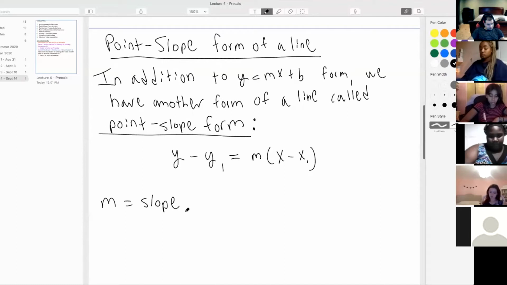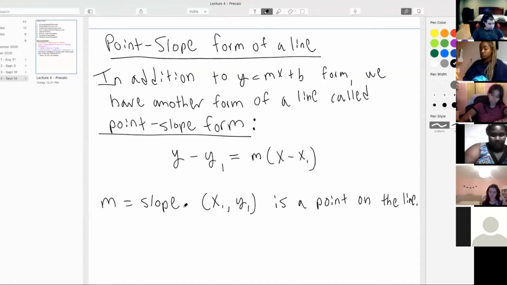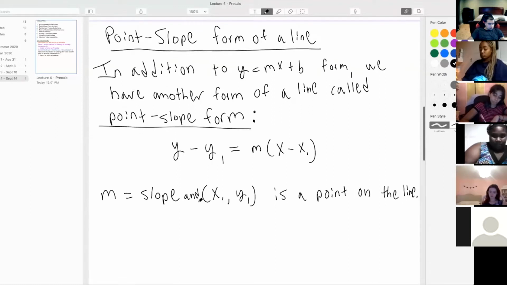And this coordinate pair x1 comma y1 is a point on the line, okay? So that's pretty much it. So we have this line and it passes through the coordinates x1 comma y1 and it has slope m.